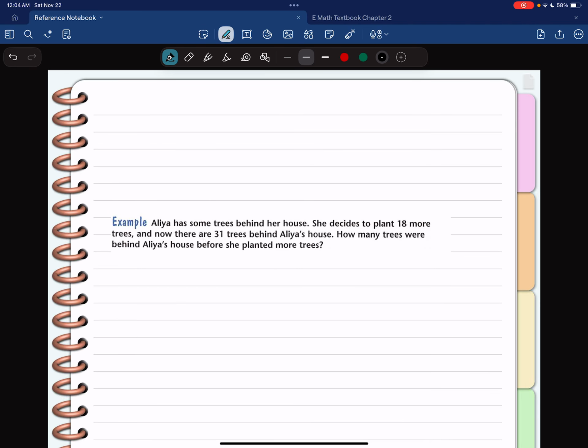So Aaliyah has some trees behind her house. Even if you can write in your textbook, I would put this one in my notes.